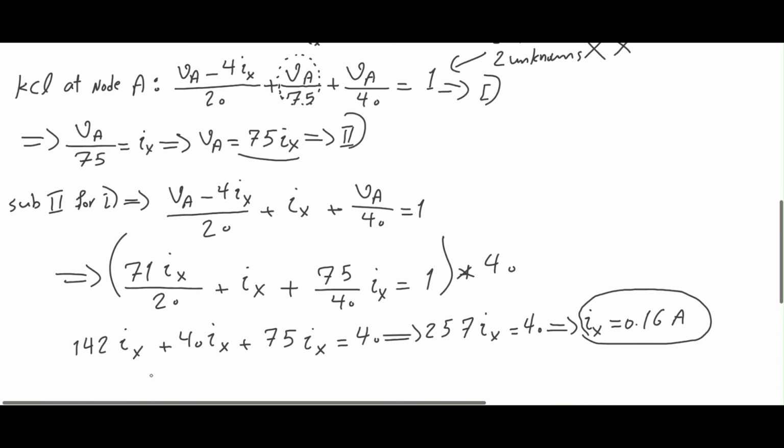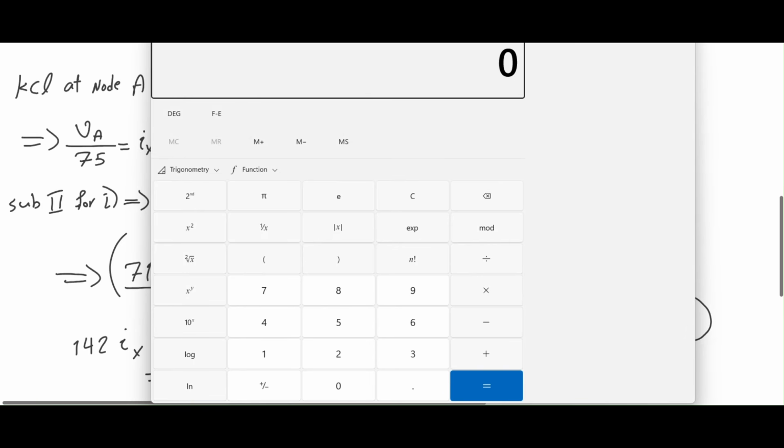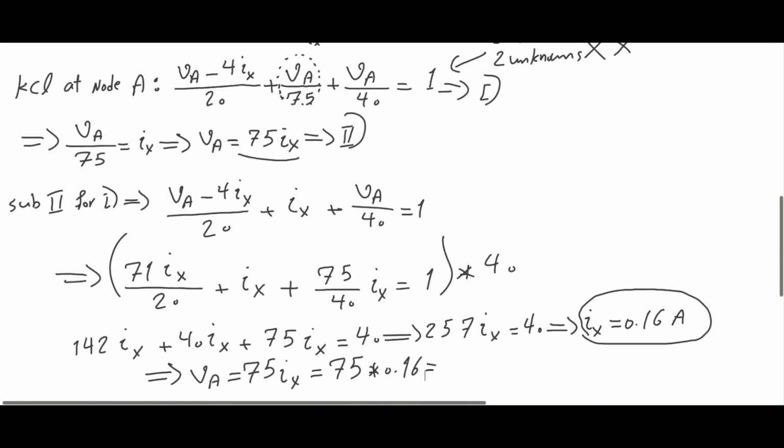Can I calculate VA now? Yes, VA was 75 times Ix. That means 75 times 0.16, and that becomes 75 times 0.16, almost 12.